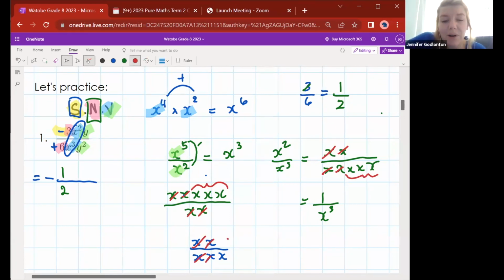Does it belong at the top or does it belong at the bottom? At the bottom. Yeah, so we're going to put that x to the power 1 down there. And then the last thing we have to deal with is our y's. So where are our y's going to go? Also at the bottom. Also at the bottom, exactly. Well done, and so that's going to be our final answer.